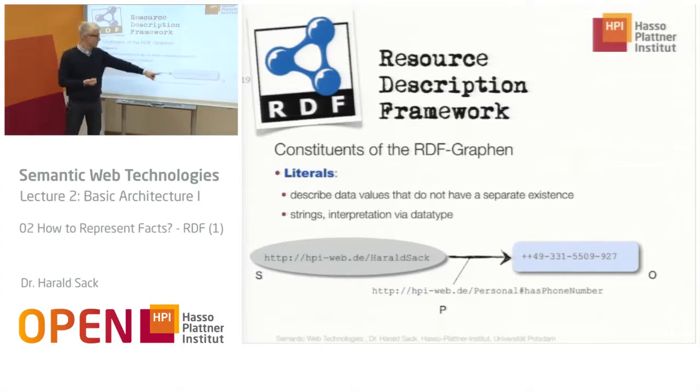Then this is a literal. It's only a character string. It has no separate existence of its own. It's only a property of myself. And then I can say, I myself, I'm this subject and this URI. I have the phone number, also here again the URI for the phone number, and then I can state this is the phone number I am referring to. And this, in this case, is a literal. And a literal can be of various data types, and usually it's a simple string.